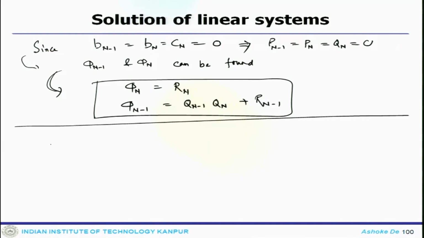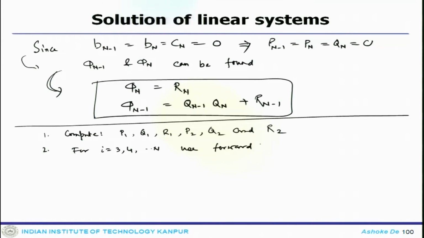So, the computing algorithm, if somebody sees it: you first compute P1, Q1, R1, P2, Q2 and R2, and then for i going from 3, 4 to n, you use forward recursion to compute the values of Pi, Qi and Ri.